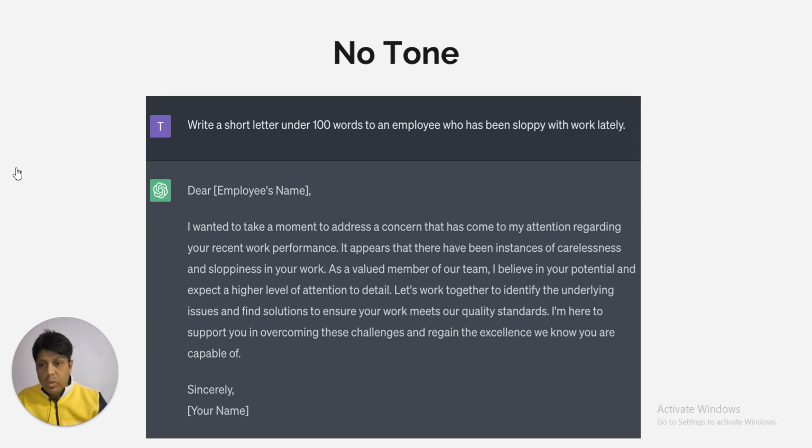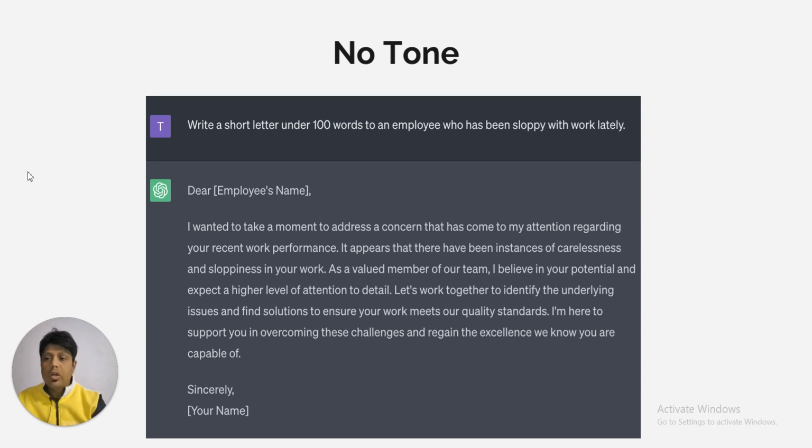When you don't specify a tone, you can write a prompt like: write a short letter under 100 words to an employee who has been sloppy with work lately. Okay, so ChatGPT has somehow assumed the tone, and it has generated a certain answer for you.